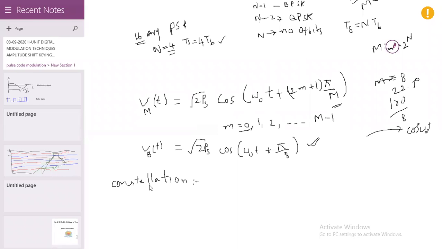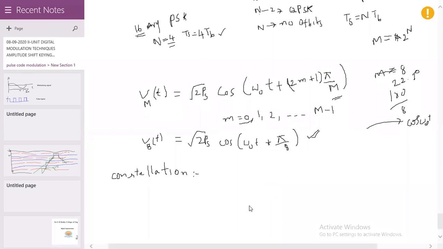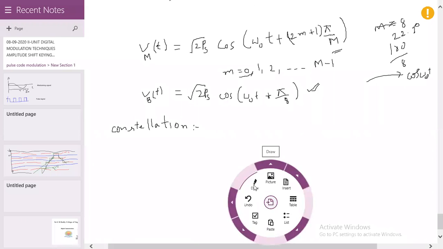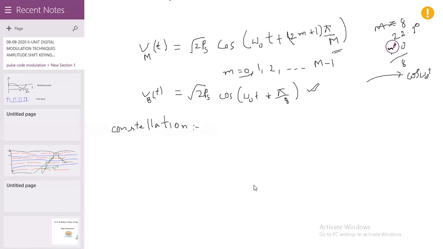So before drawing this constellation diagram, how to write that equation in orthonormal coordinates? We should not draw directly. That's why here we can write the M array PSK equation into orthonormal coordinates. Orthonormal coordinates.